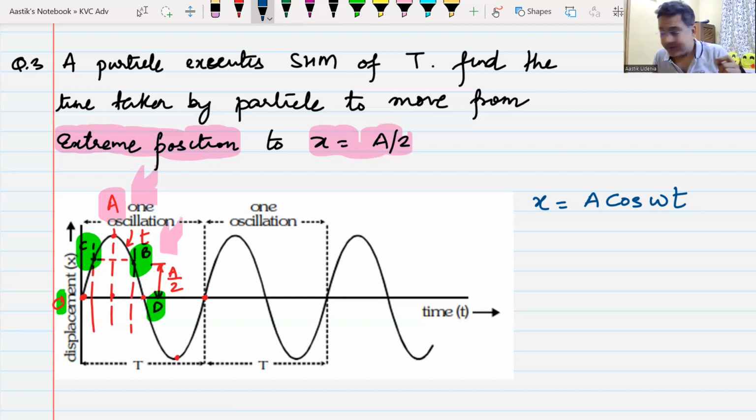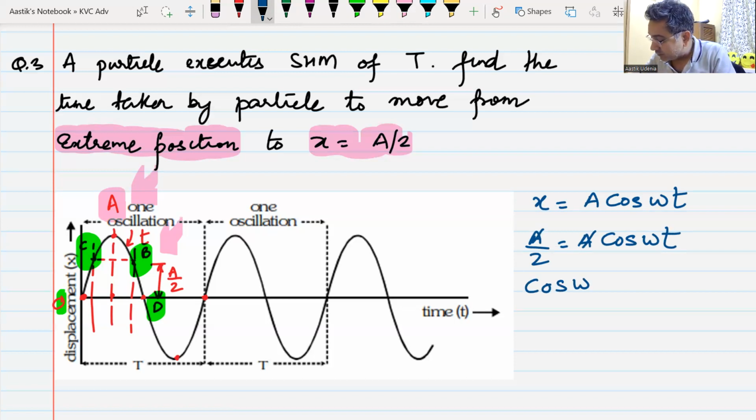Now, for the time it takes to go from A to B, I just have to put the value of x as A by 2. A by 2 will be A times cos omega t. That means cos of omega t, remember it is in radians, becomes half. So omega t becomes cos inverse of half. What is the cos inverse of half?